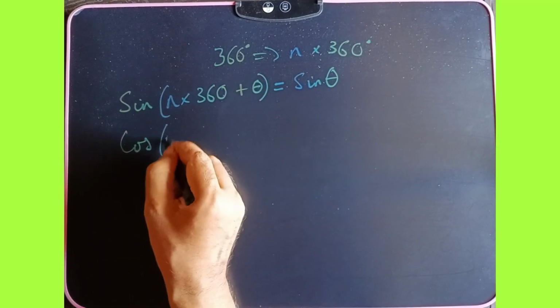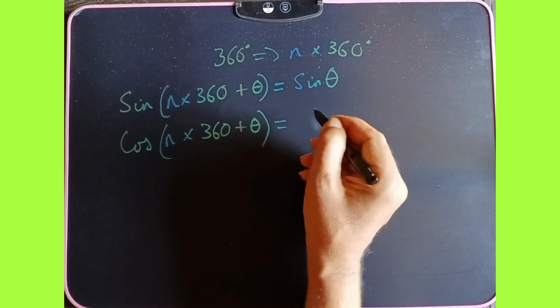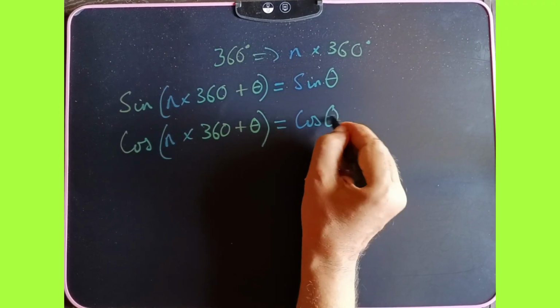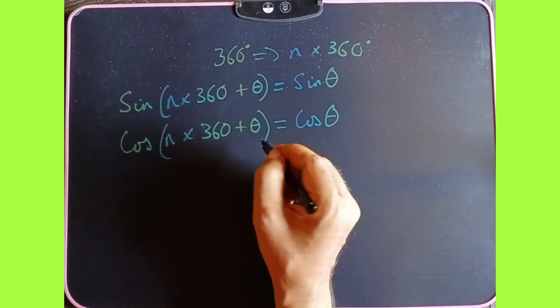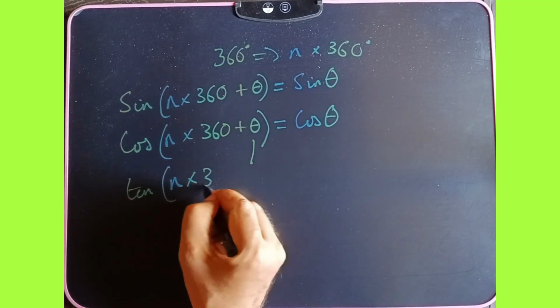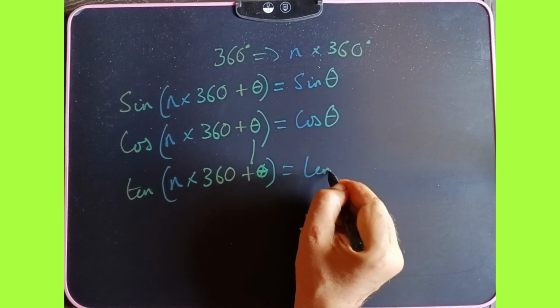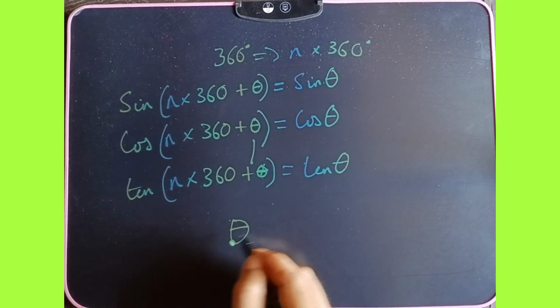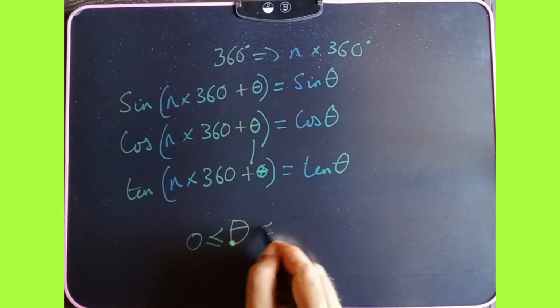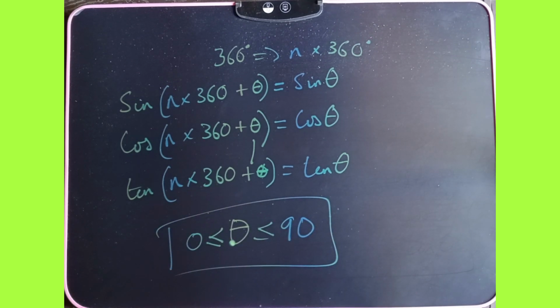Cos of n times 360 plus theta will be cos theta, and tan of n times 360 plus theta is equal to tan theta, provided theta is greater than or equal to 0 and less than or equal to 90 degrees. This is how you're supposed to be able to find the values of the trigonometric ratios.